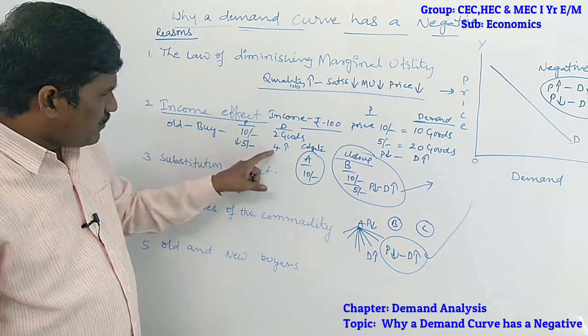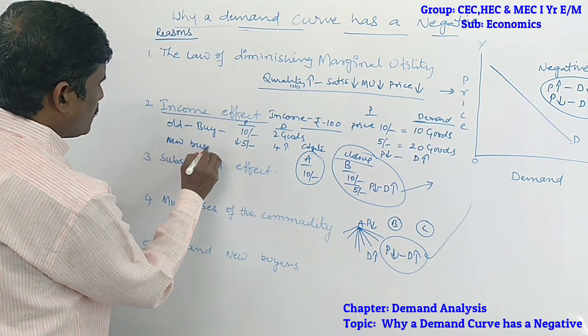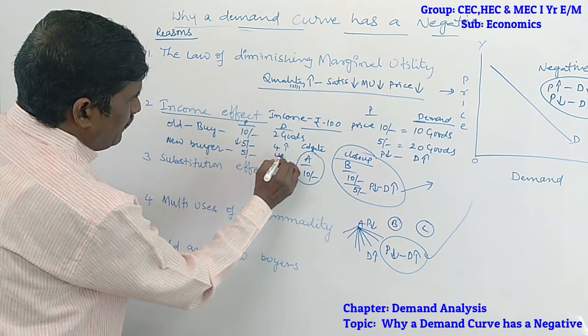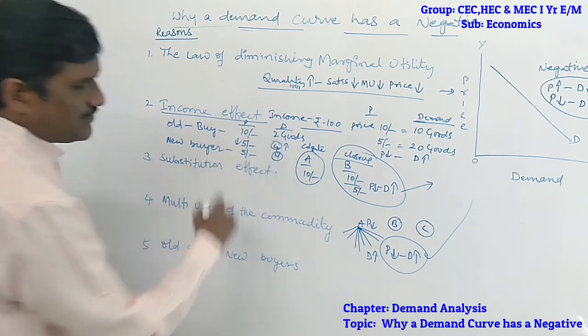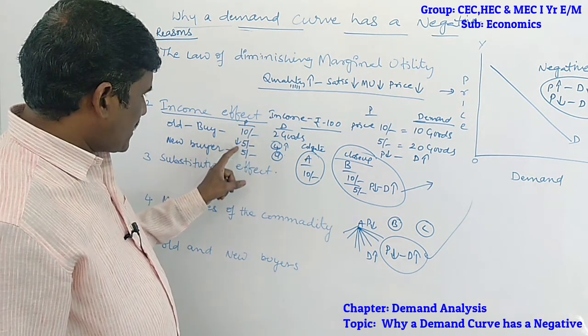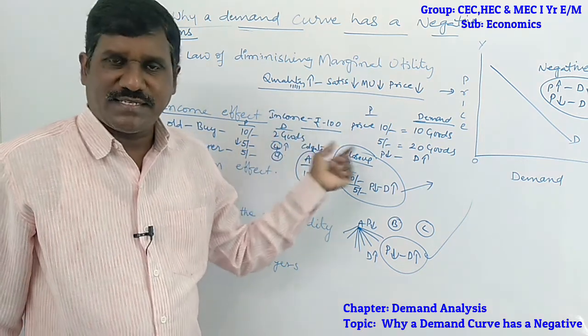Old buyers purchase 4 and attract the new buyers also. New buyers also at 5 rupees can purchase 4 goods. So with old and new buyers, when the price of that commodity decreases, the demand for the commodity increases.